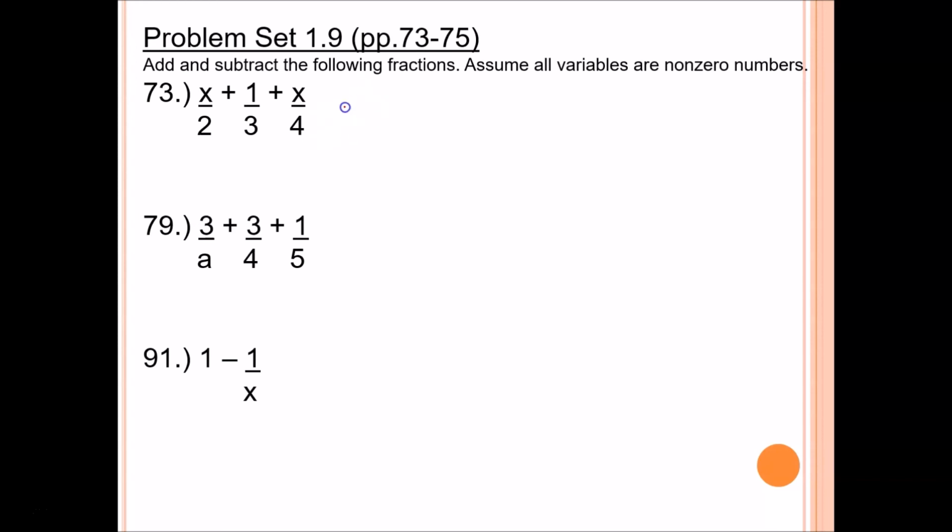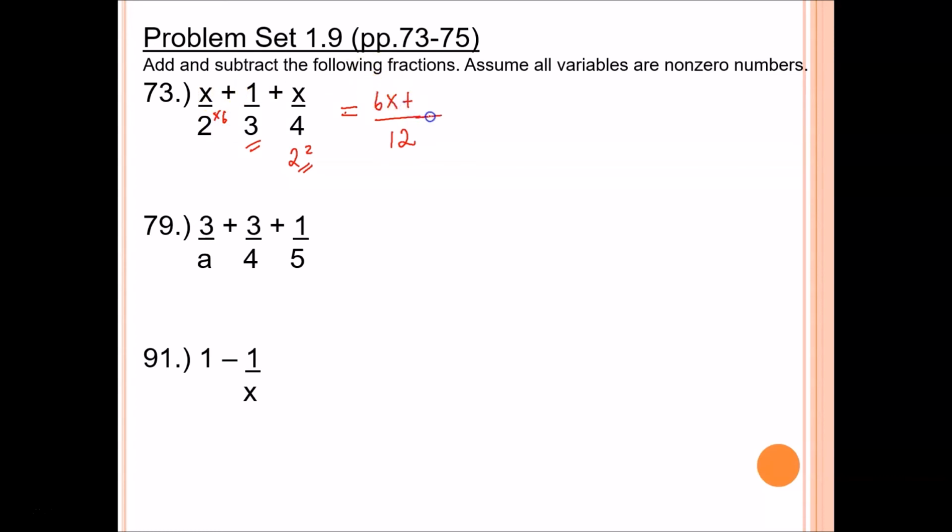Next, we add and subtract the following fractions. Okay, so we combine the like terms, but again, the denominators are not the same. Therefore, what's the LCD of 2, 3, and 4? So this will be 2 squared times 3, that's 4 times 3. Our LCD is 12. And this one we multiply by 6. So this first term will be 6x.